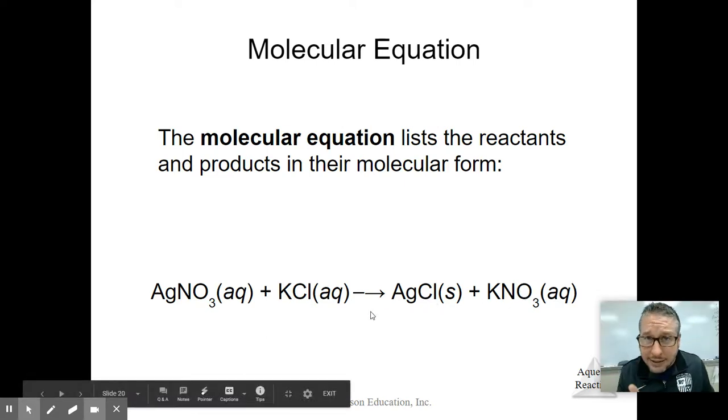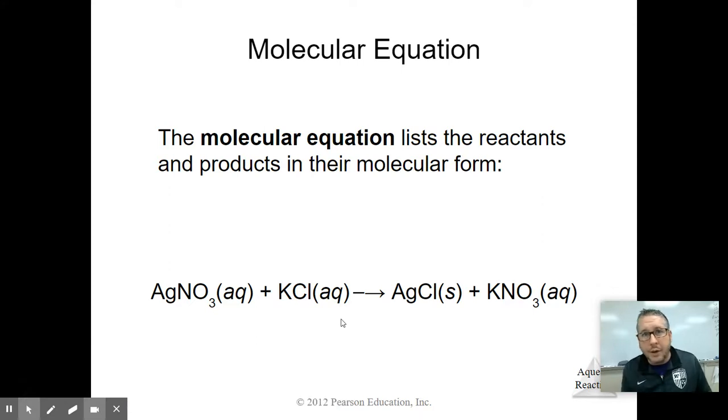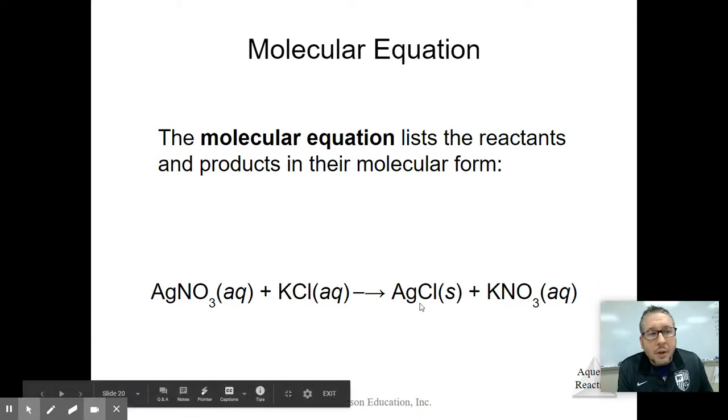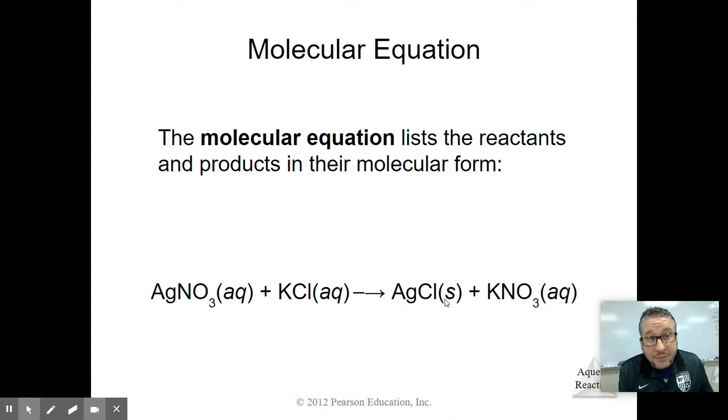I'm going to give you a big hint right now. Liquids, and when I say liquids, it's not aqueous. Liquids is like water. Solids, most importantly right now, solids cannot dissociate. That's why they're solid. They're not soluble.